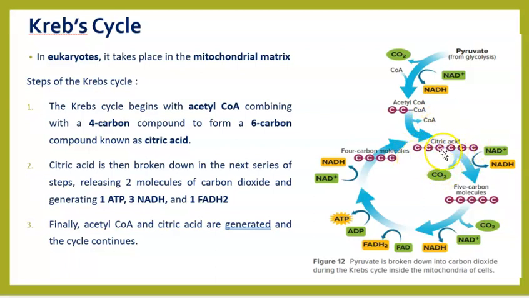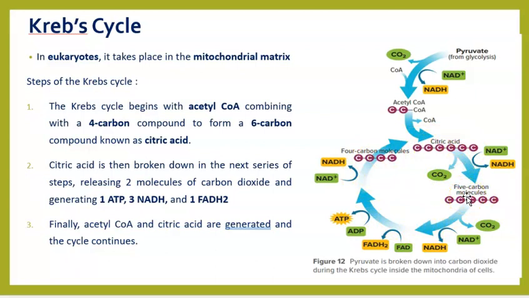Citric acid is a 6 carbon molecule, and then there's a lot of things involved here, a lot of enzymes, a lot of products. So we'll just look for the basic thing. The 6 carbon citric acid molecule will make a 5 carbon molecule, and finally we go on producing a 4 carbon molecule which will again combine with this 2 carbon acetyl coenzyme A to make citric acid, and this cycle goes on and on and on.